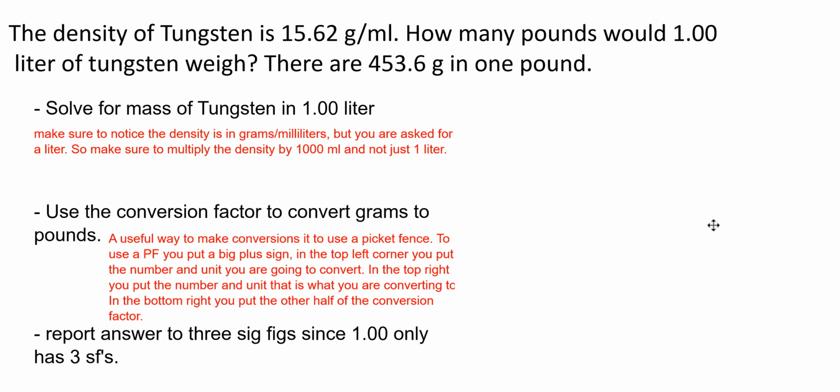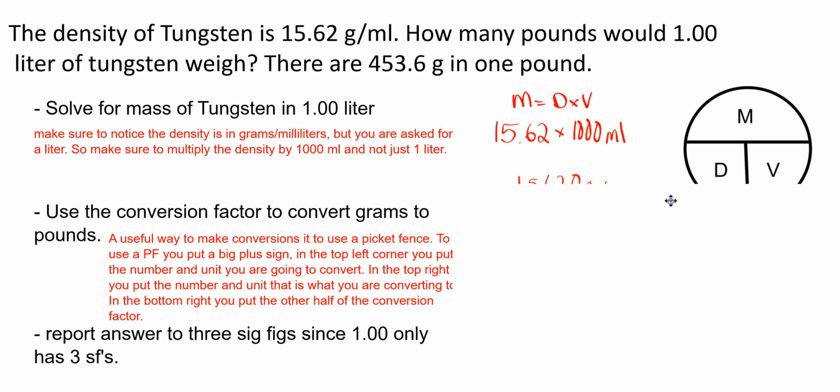All right, so to solve this, I already wrote all this out, so I'm just going to move this out of the way. I used the DMV circle, and I wanted to solve for mass, so I cover the M up and it leaves me with D times V. So that's where I got that.